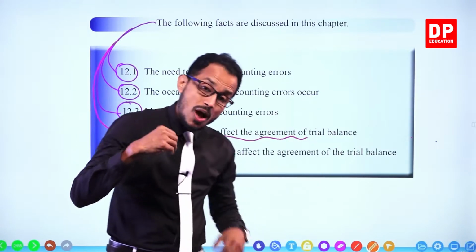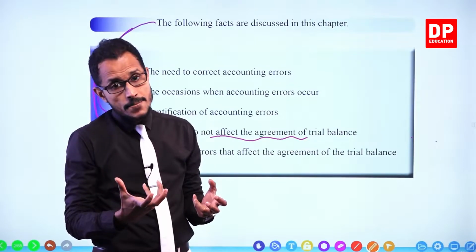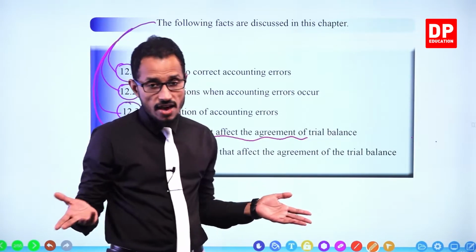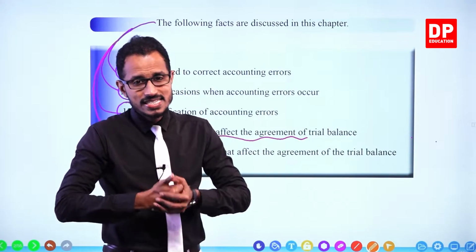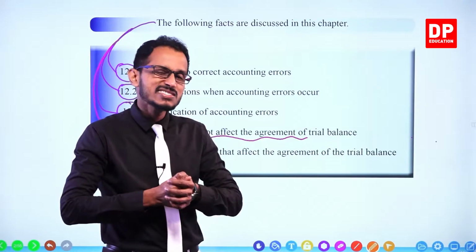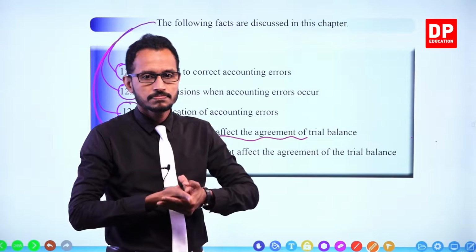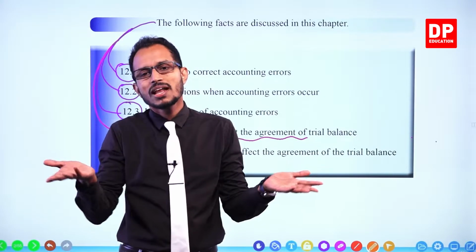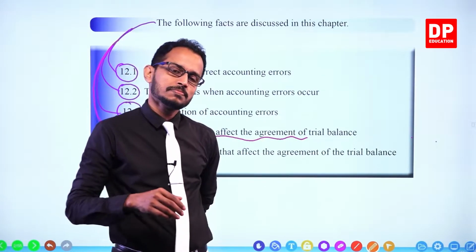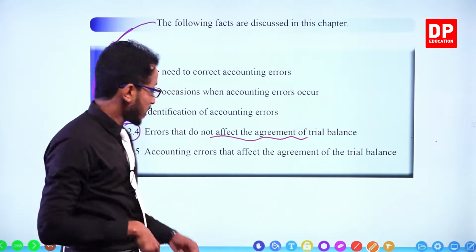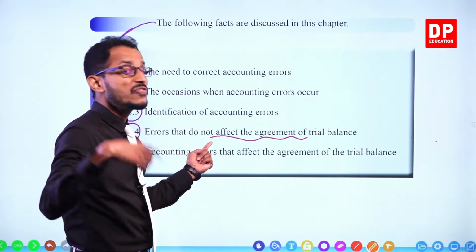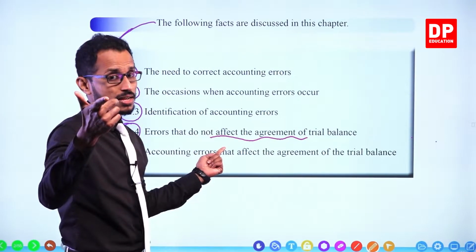When accounting errors have occurred, this trial balance agreement is disturbed. Simply saying, the trial balance does not balance. So those are errors which affect the agreement of the trial balance.